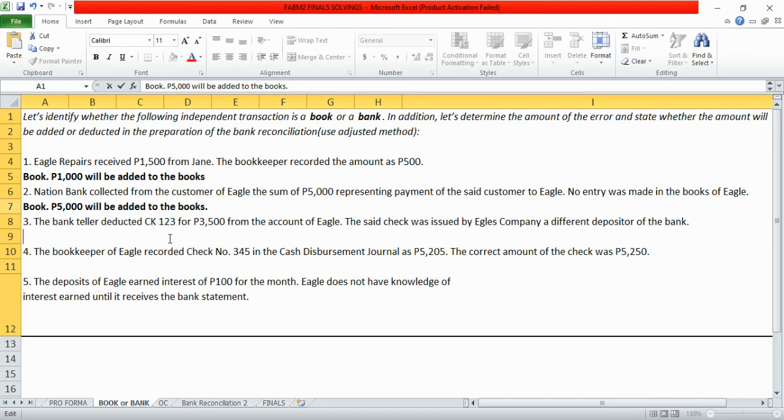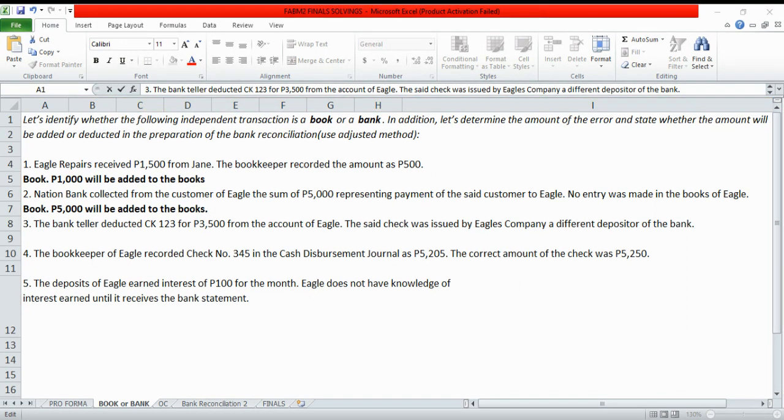And for number 3, the bank teller deducted check 123 for 3,500 pesos from the account of Eagle. The said check was issued by Eagle's company. For a moment, there's a typo. Okay, Eagle's company, a different depositor of the bank. So is it a book or a bank? That is a bank.